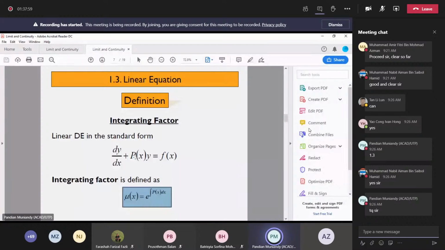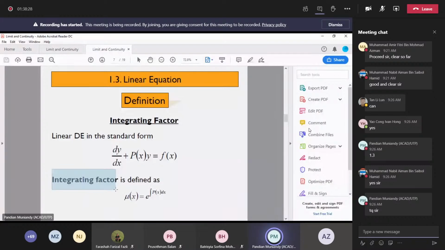Take this P(x), put it here, and integrate. That is your mu(x). Step 1 is the form, and step 2 is finding mu(x). Mu(x) is called the integrating factor.